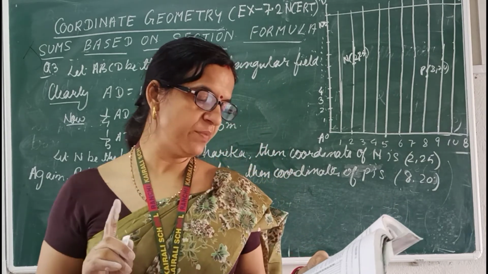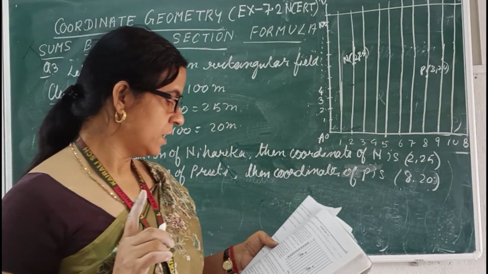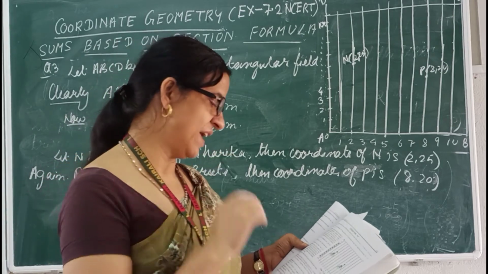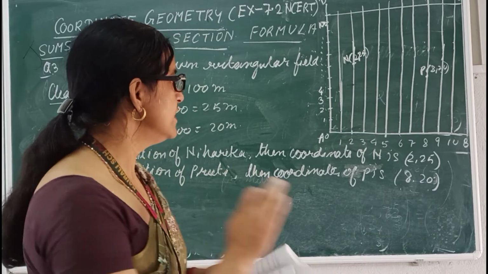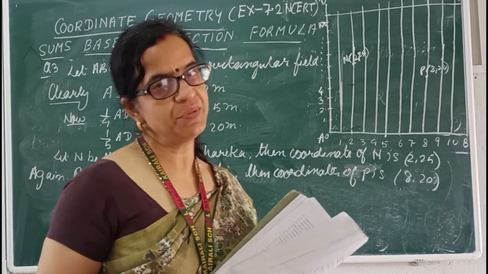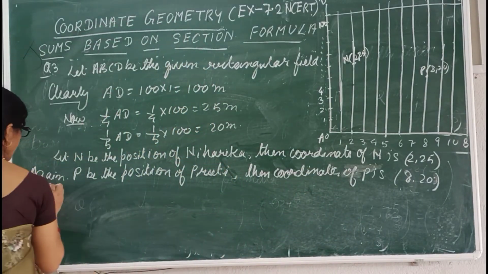Now let us read the question. What is the distance between both the flags? Means they are carrying the flags. What is the distance between both the flags? So actually we have to find the distance between Niharika and Preeti. So let us find.